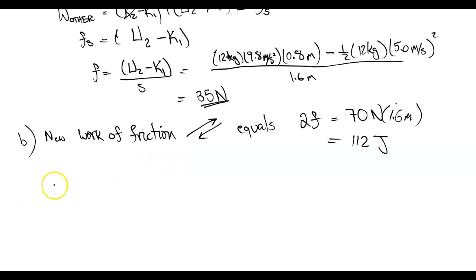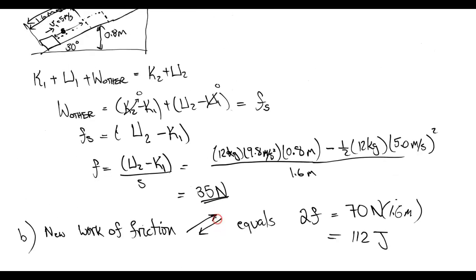And now we can say, again, K1 plus U1 plus the new work of friction equals, let's call it K3 plus U3.